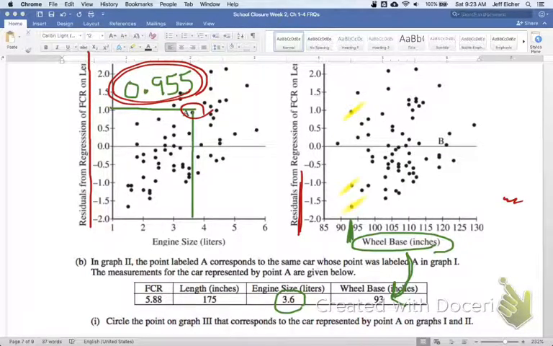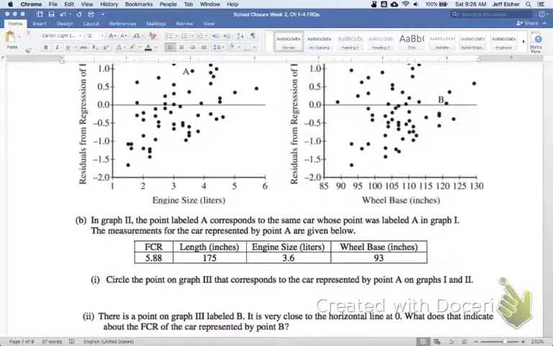So which of these 3 points has a residual of 0.955? It would be this point. So the scoring on this part B, if you were able to get at least that point correct, then you would get a partial so far. You have to answer the next part correctly to get a full, essentially correct. So let's look at the next part.